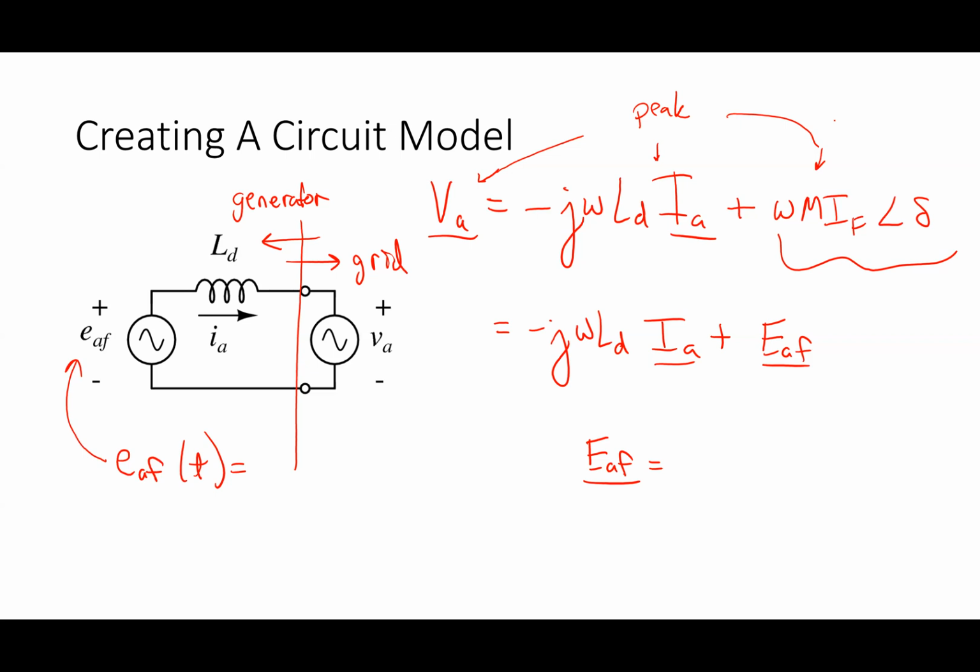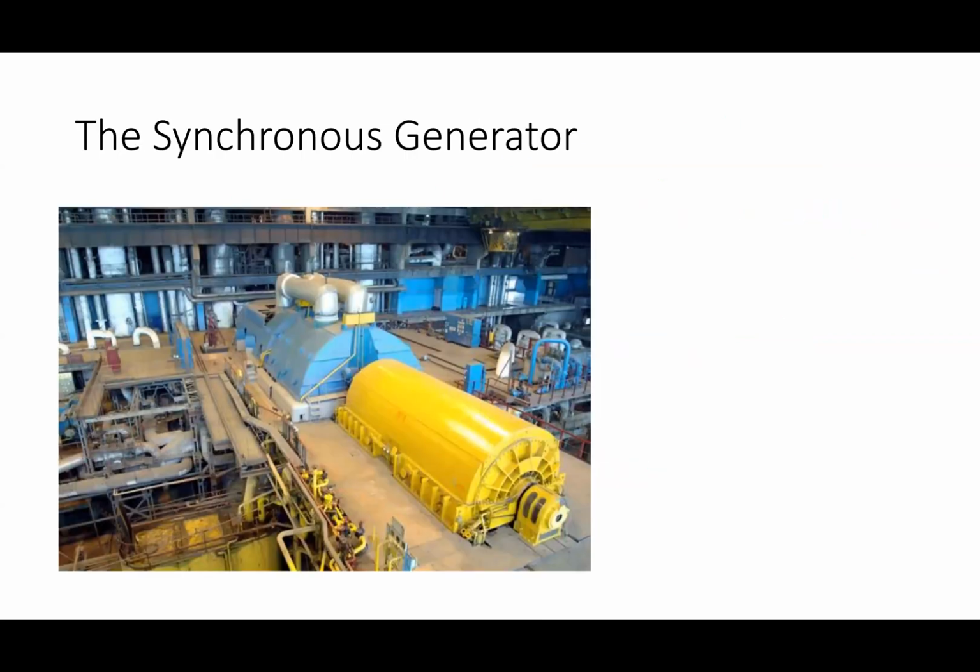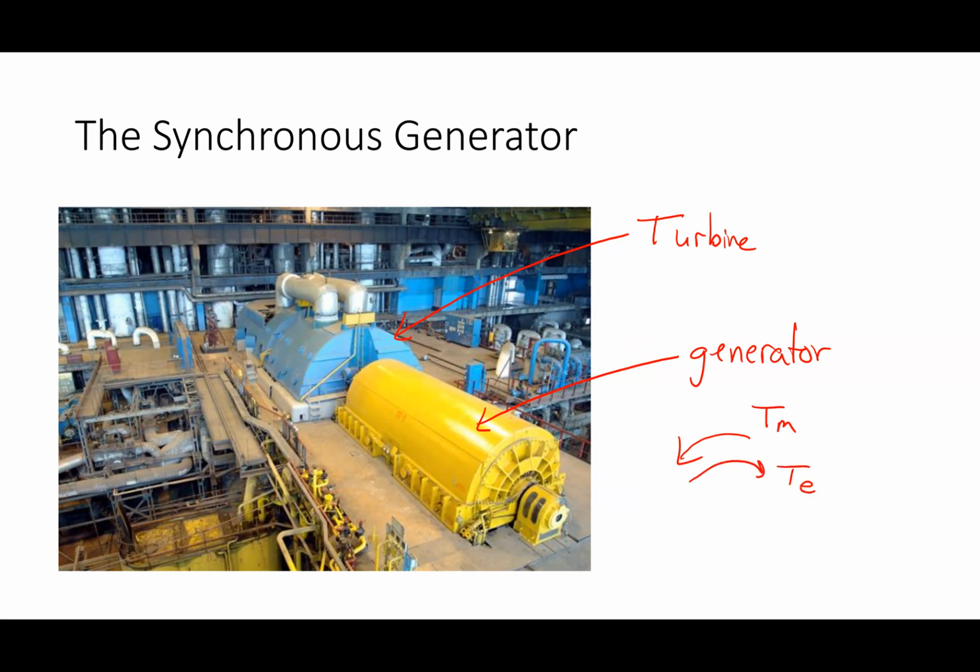So I want to understand how this thing applies. I gave this picture last time, and I said this guy here would be my turbine, and this guy here is the generator. The turbine is the source of mechanical power. It's a steam plant or combined cycle plant. That would act in a direction to accelerate the machine, so torque mechanical would act to accelerate it, and torque electrical acts in the opposite direction to slow it down.